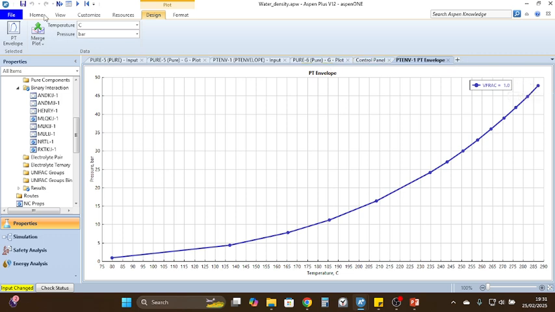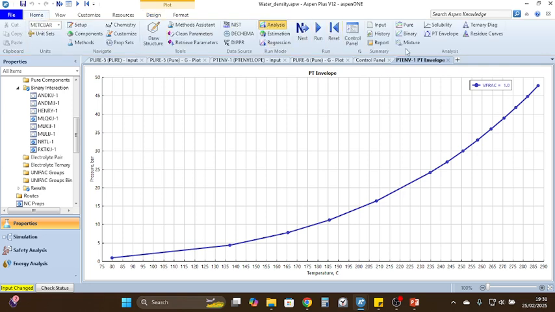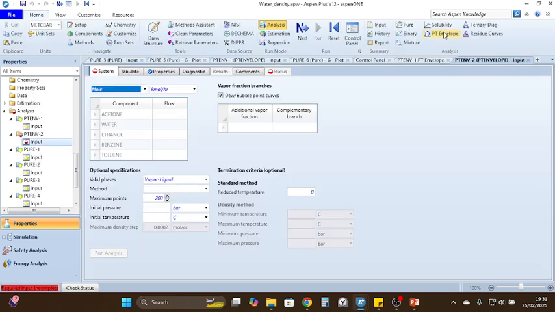Similarly, we are going to do it for another, that is for water. We are going to keep the mole flow as 1 and set the pressure at 1 bar, and then run the analysis.